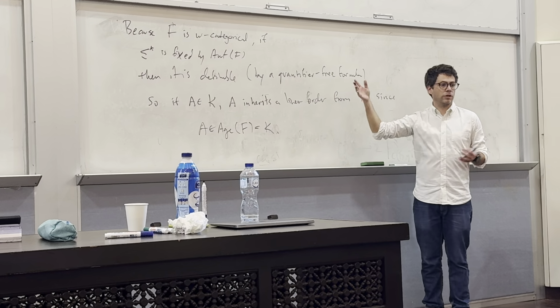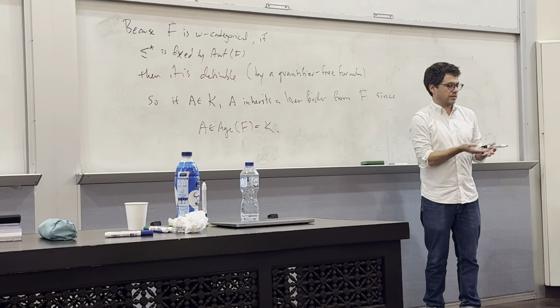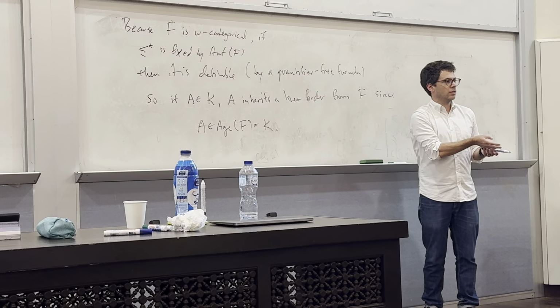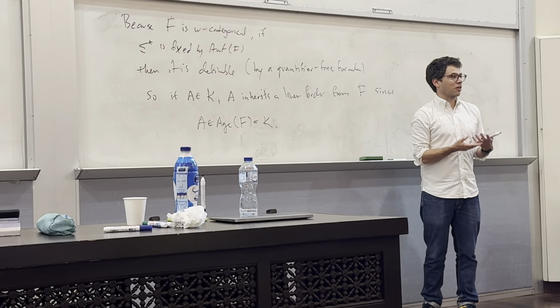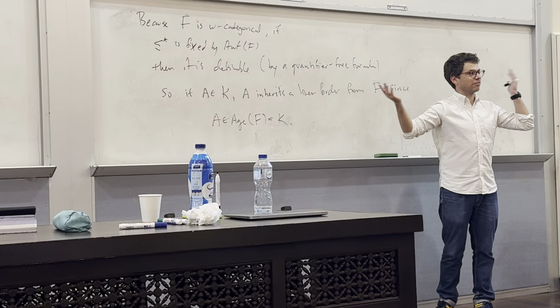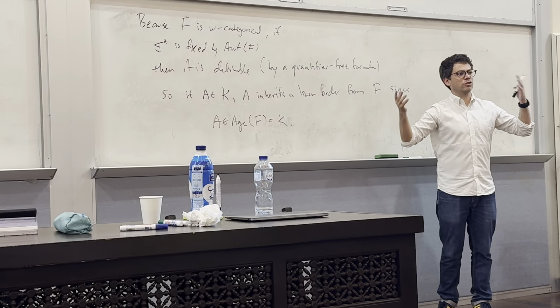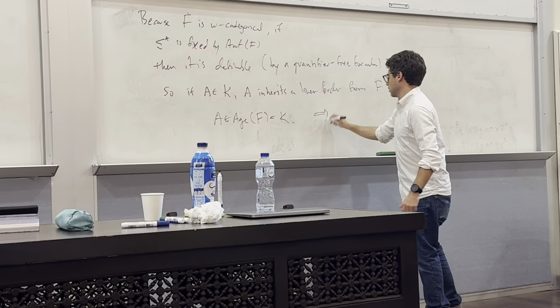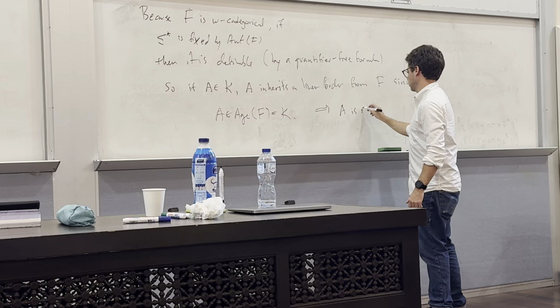Because it's given by a quantifier-free formula, so it also is a linear order on that substructure. But if you have a linear order on a finite set, how many automorphisms does it have? One. Only one, the trivial one. So this implies that A is rigid.